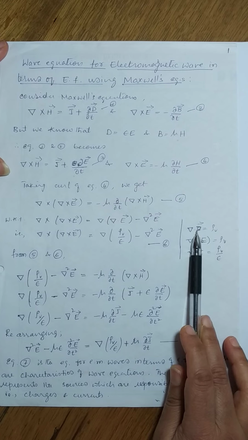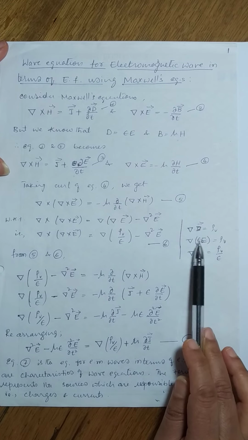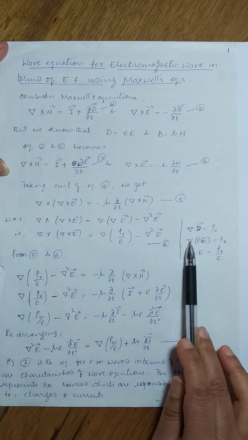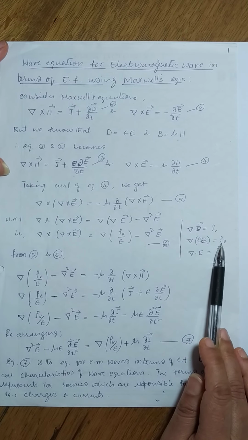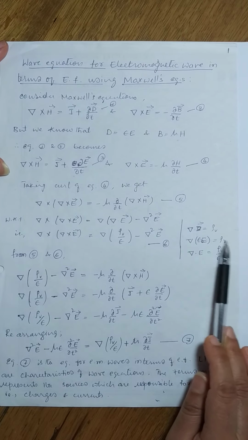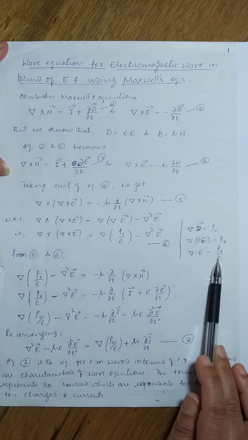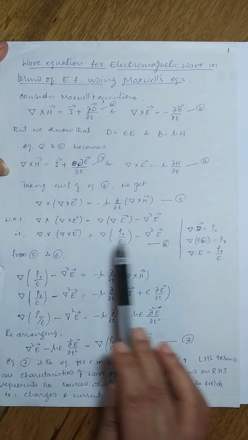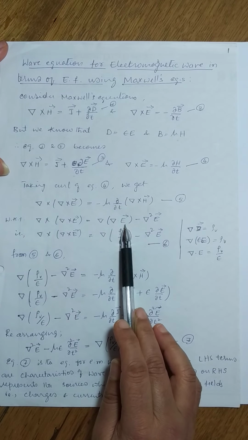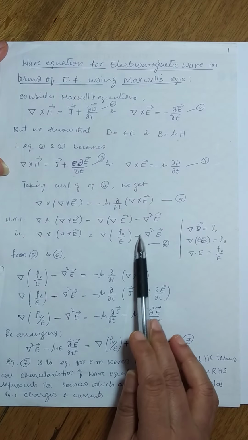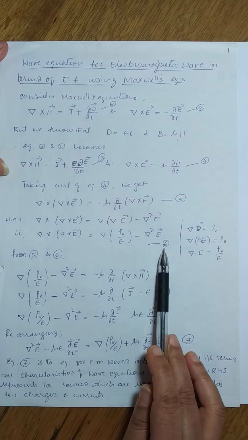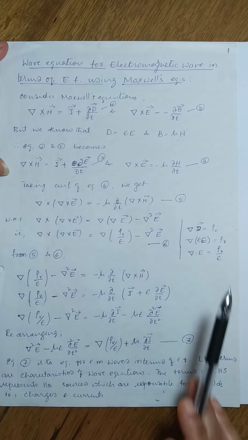And we also know that D can be expressed in terms of E, that is epsilon into E. So divergence of epsilon E is equal to rho v, or divergence of E is equal to rho v by epsilon. The same thing I have substituted here in the place of divergence of E, minus del square of E. Taken this as equation 6.